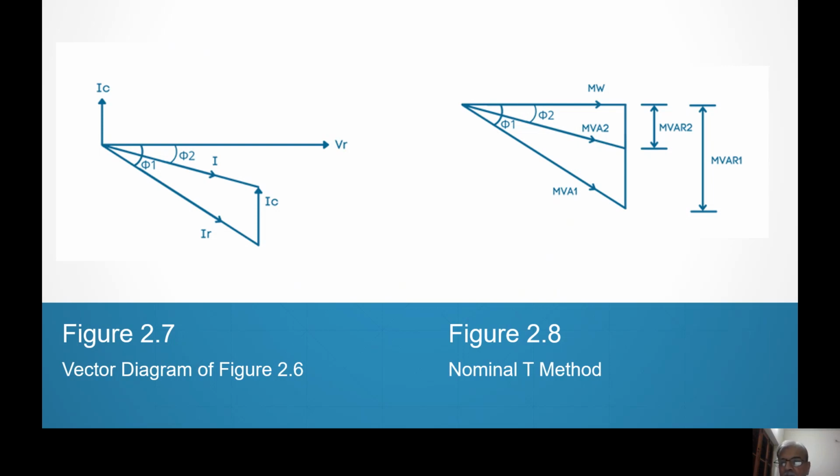And for improvement of that power factor, from MVAR1 to MVAR2, you have to add a capacitor and spend for that capacitor if you are deliberately connecting. But if the inherent capacitor itself gives you this advantage, then this is all the way better, because you are not spending anything and you are improving the power factor, right?